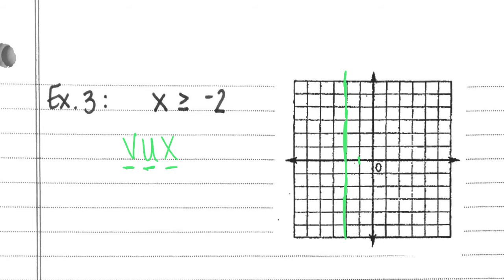And we know if it says that x is greater than or equal to, it is going to be solid because of the equal to. And if it is greater than, I'm going to shade everything greater than. So I'm going to shade all of this that is greater than x, because this time it only has an x, so we have to actually look at where x is greater than.